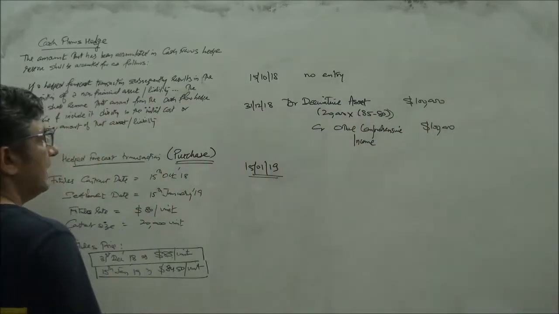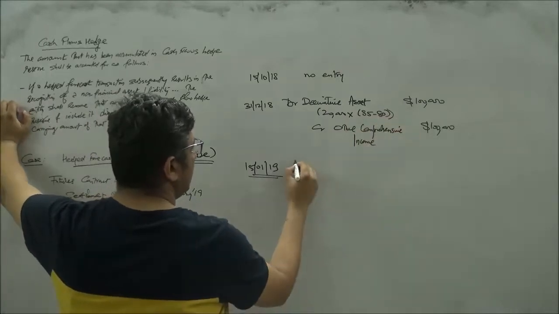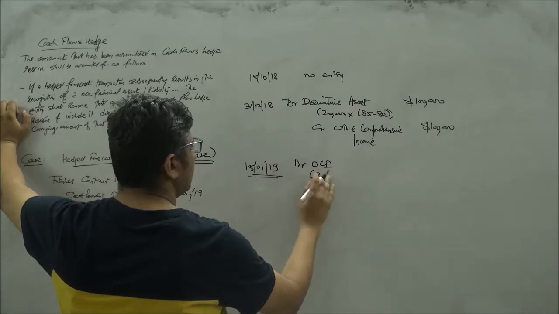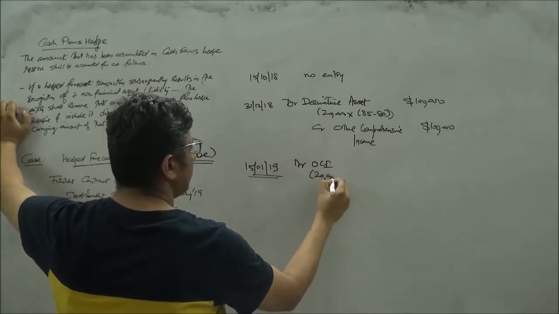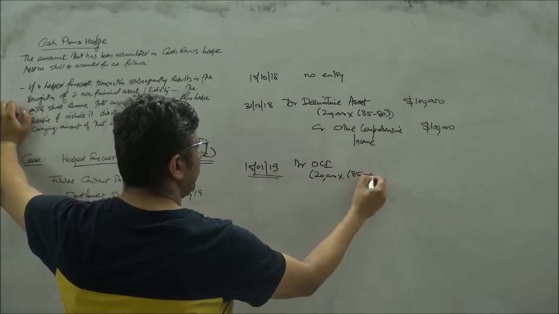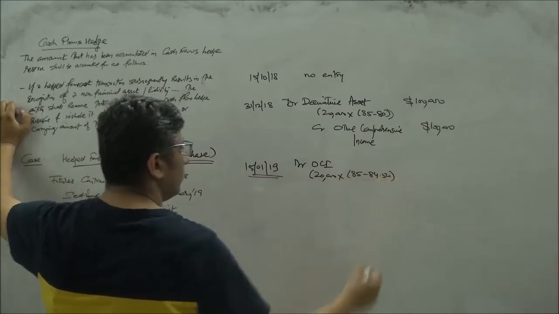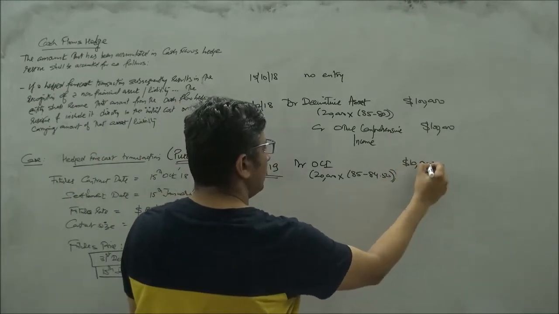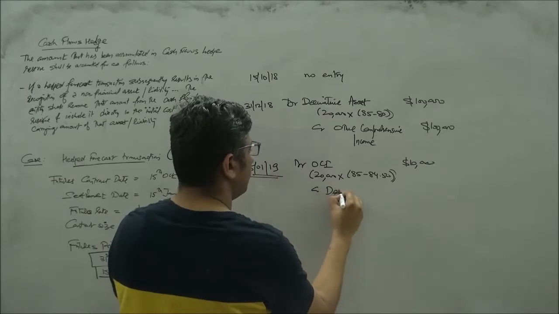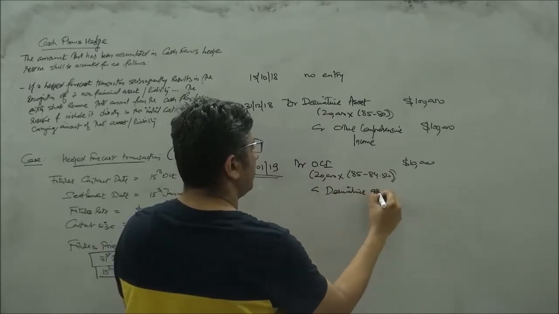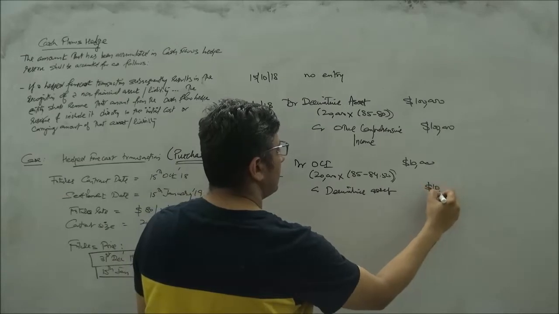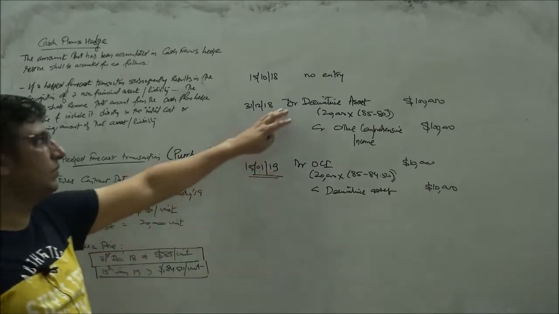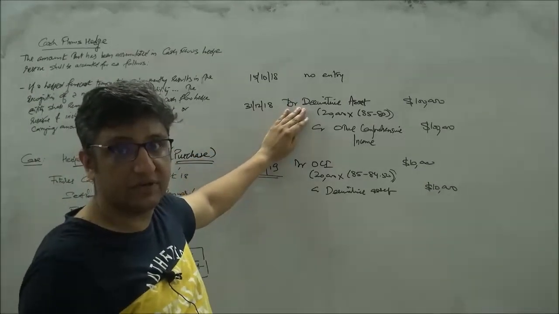So I simply reverse this transaction: debit OCI, which is 20,000 units into 85 minus 84.50, so that makes it $10,000, credit derivative asset to the extent of $10,000. So essentially it means that in my books I have a derivative asset of $90,000.